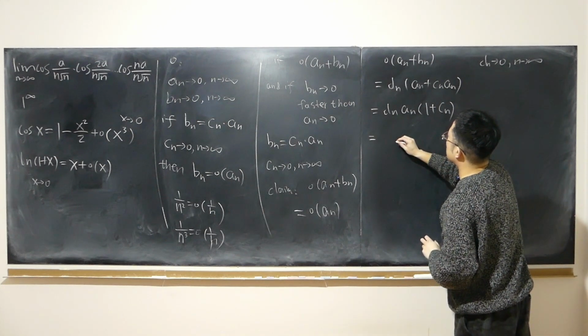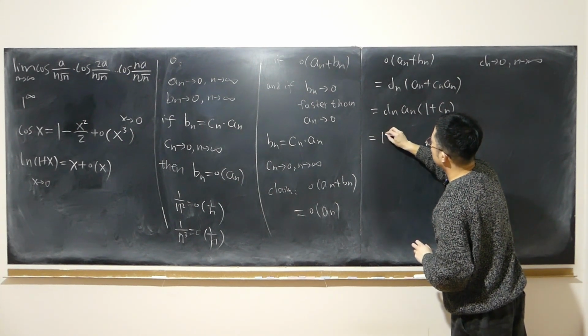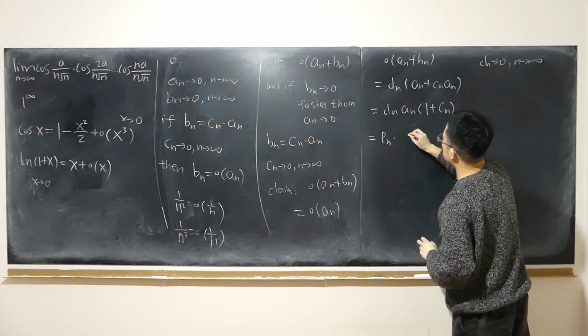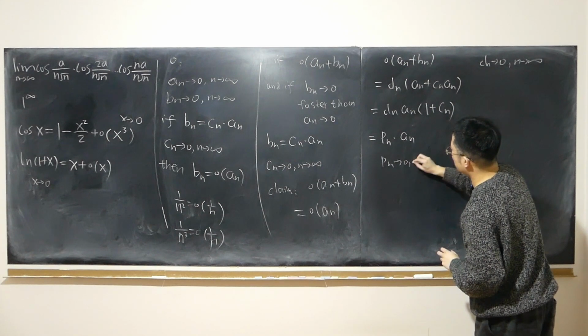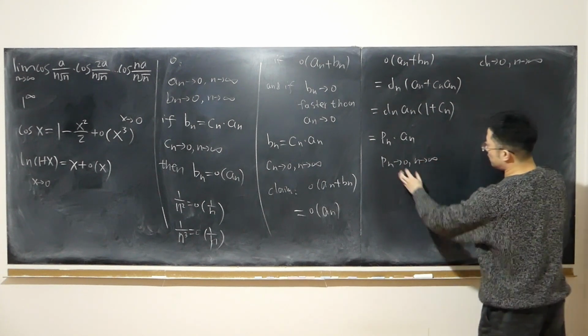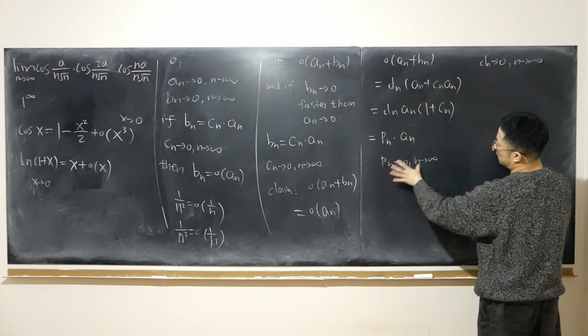Maybe let's write it as pn times an, where pn approaches 0. So pn stands for dn times this quantity, still approaching 0.